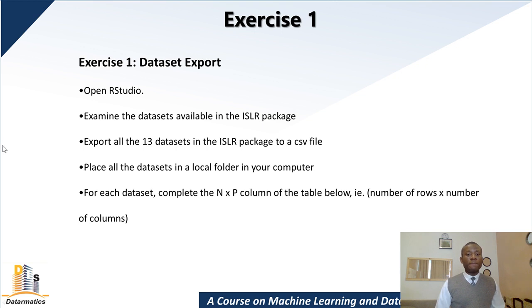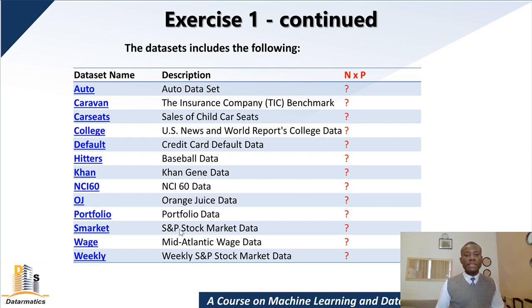So here we have: open RStudio, examine the datasets available in the ISLR package, export the datasets in the ISLR package to CSV, place all the datasets in a local folder on your computer, and for each dataset, complete the NP column of the table below. So this is the table, and we have all these datasets, and I want you to complete this column.